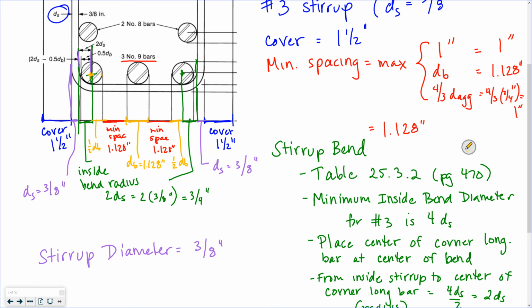Half of a number 9, because this right here is the other half of my number 9. It's taken up by the center, by that bend. I'm placing the center of those corner ones at the center of that bend. The bend is 3/4 of an inch. Half of 1.128 is not greater than 3/4 of an inch. Okay.